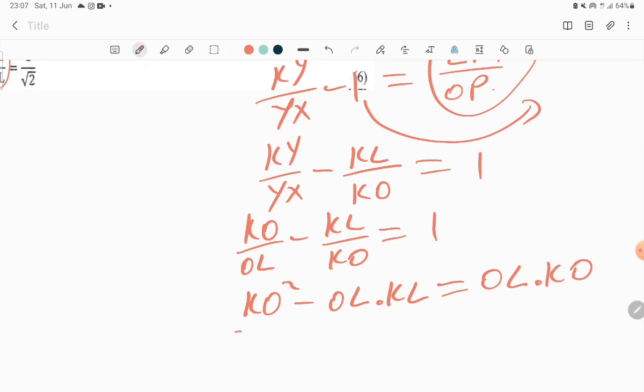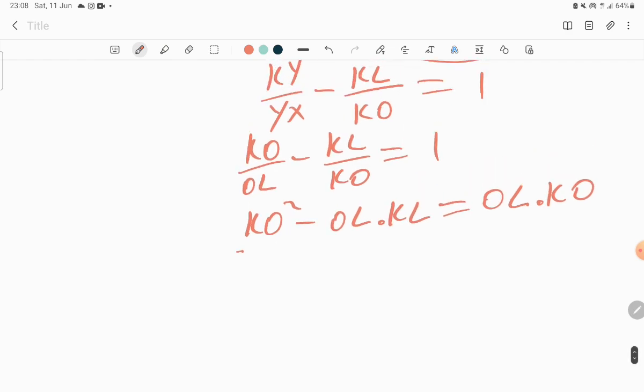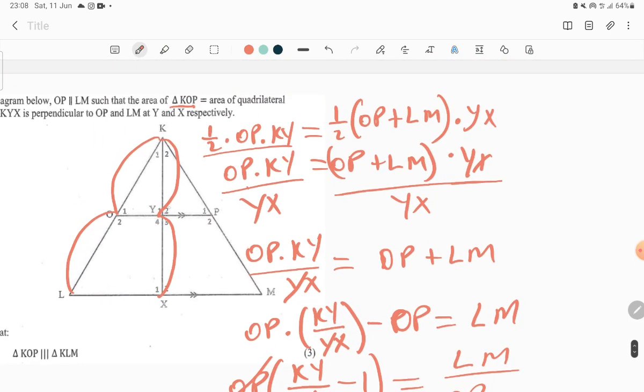Then therefore, in the place of KO we have KO squared, then minus OL, and OL can be changed.